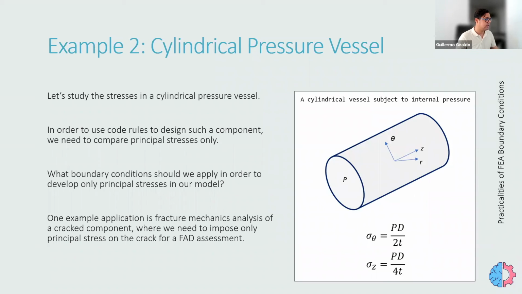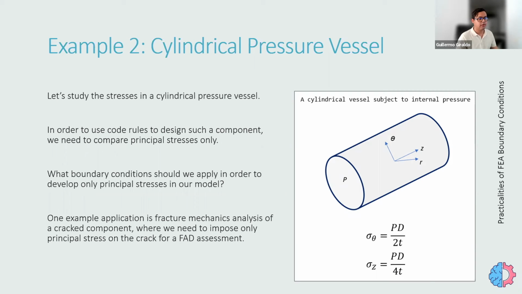Say this is a pipe, right? Subject to an internal pressure caused by a pressurized fluid, say water or oil or gas or air or whatever you have. When we analyze this, we go to a code, say a piping code or pressure vessel code.